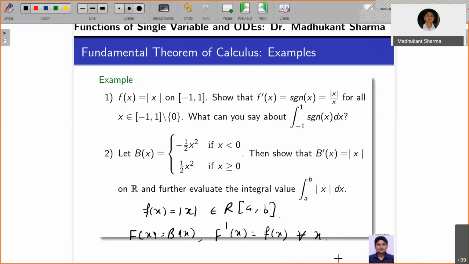So you can apply the fundamental theorem of calculus, and that will give you b(b) minus b(a). You can certainly apply the fundamental theorem of calculus.